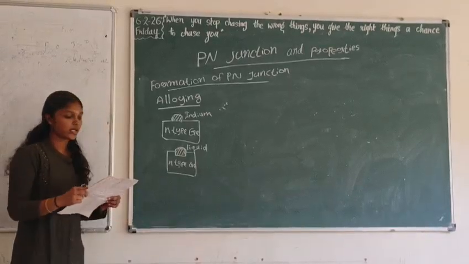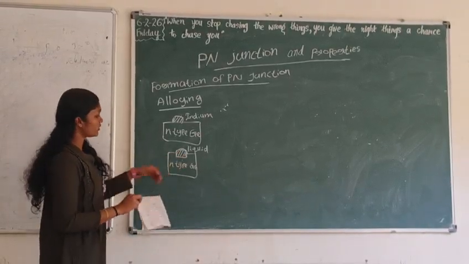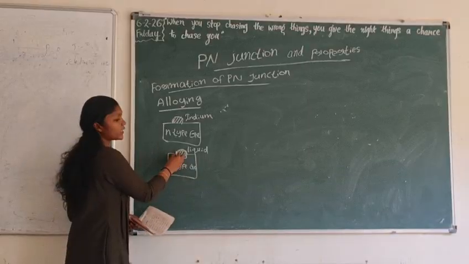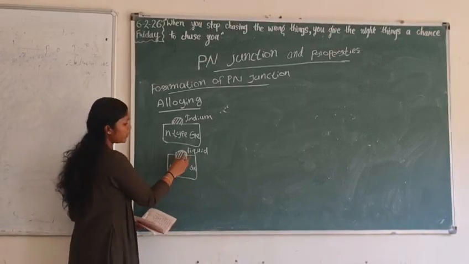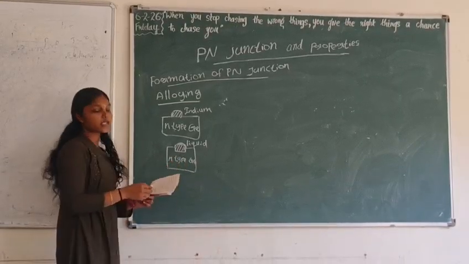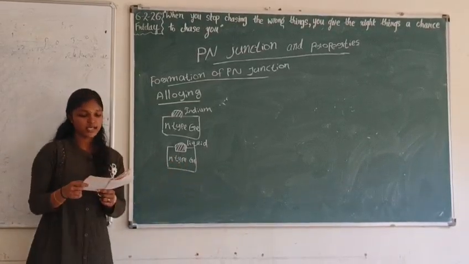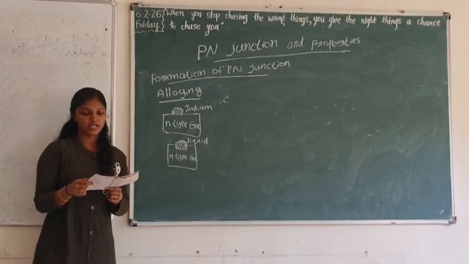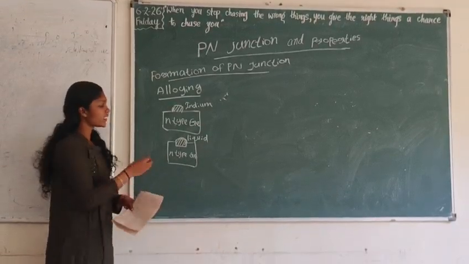When the temperature is lowered, this particle becomes solidified, and under proper conditions, the atoms of the indium impurity are suitably added to the N-type germanium to form a single crystal. The addition of indium overcomes the electrons in the N-type germanium to such an extent that it creates a P-type region.